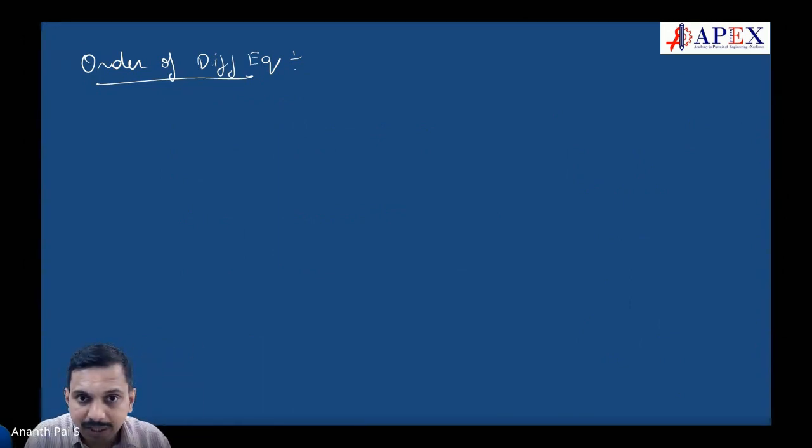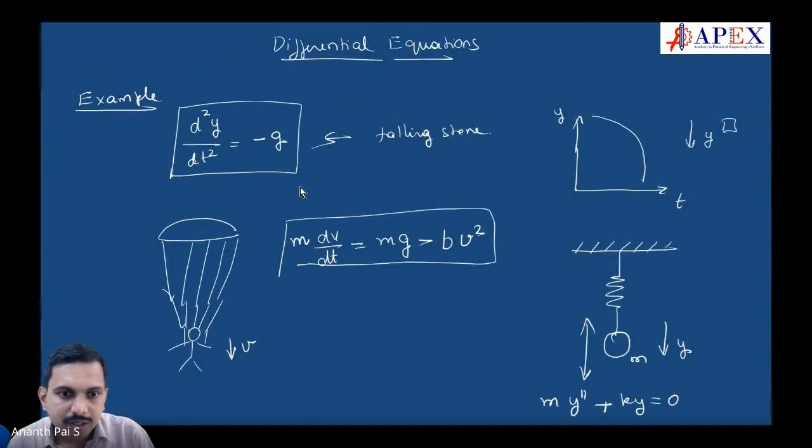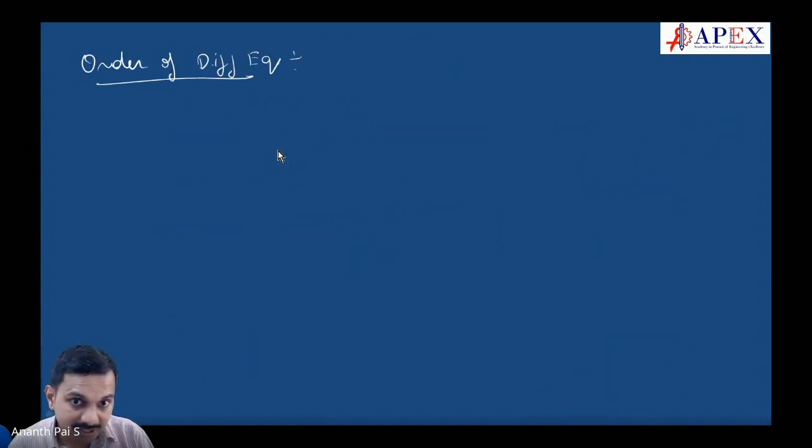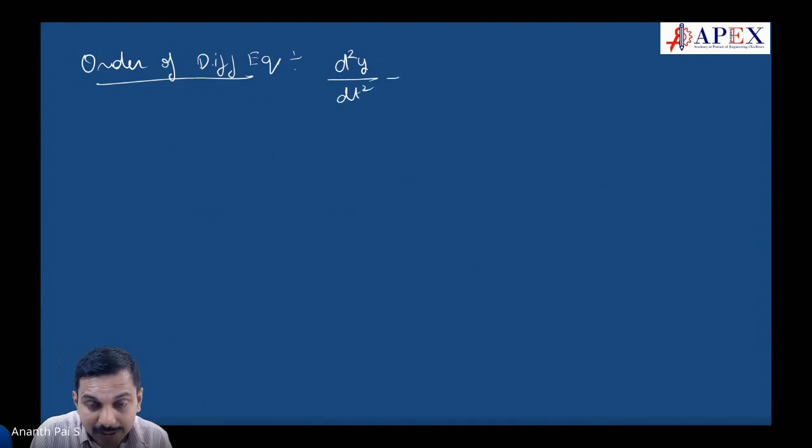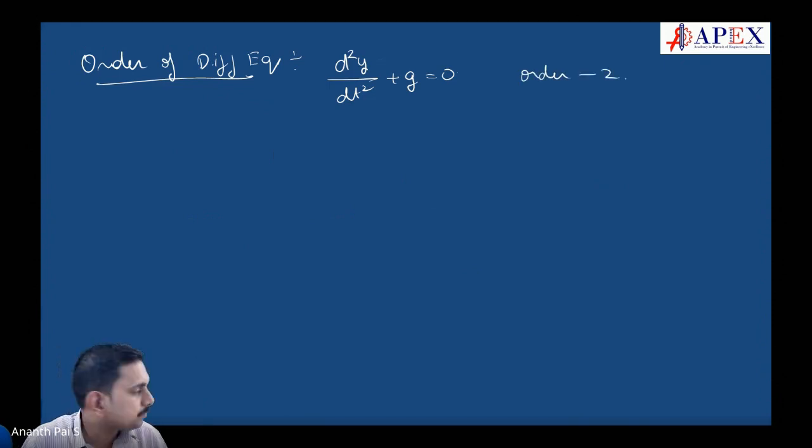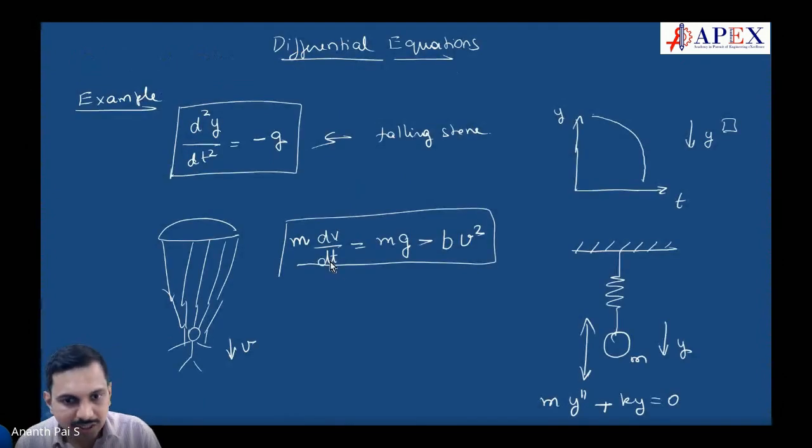For example, if I write d square y by dt square minus g, this can be written as d square y by dt square plus g is equal to 0. Here order is 2. Or for example, another one, m dv by dt equals mg minus bv square.